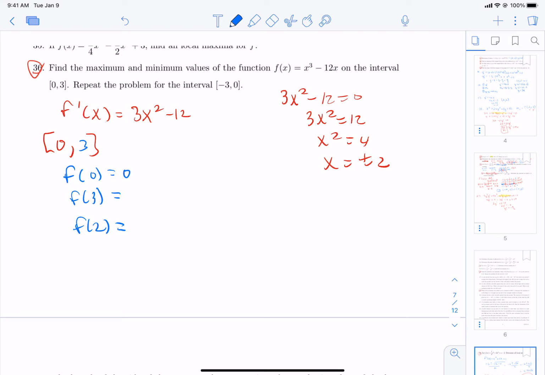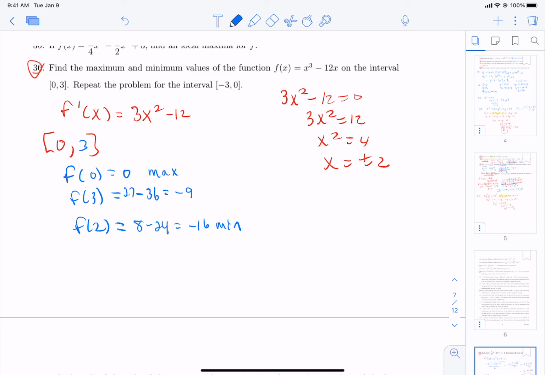If we plug 3 in, that's 27 minus 36, or negative 9. And then plugging in 2, that's 8 minus 24, or negative 16. So then you just label what's the max. Well, the largest of all of those is 0. And what's the minimum? Well, that's negative 16.